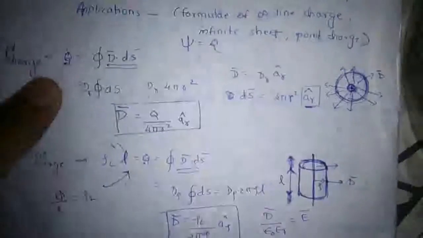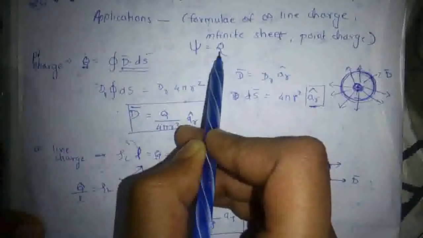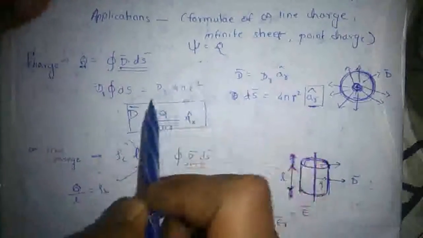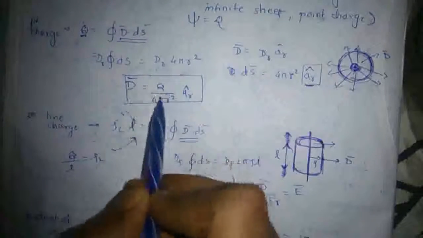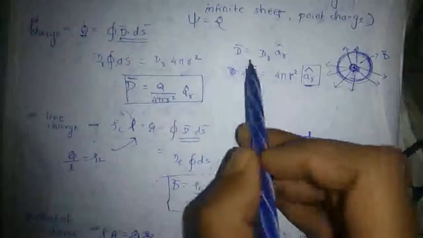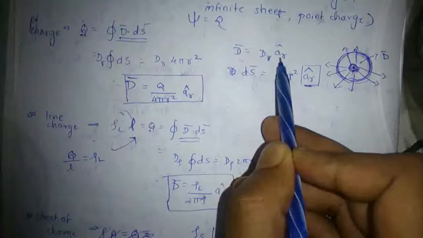Now, I'll simply apply that formula here and use the Gauss theorem by replacing phi with q, and I'll integrate it and calculate the electric flux density. Here electric flux density is a vector quantity and can be given as Dr ar cap.